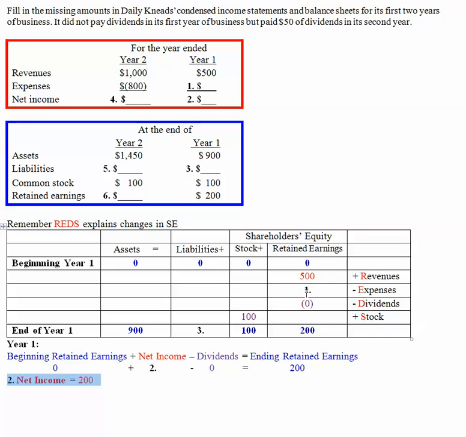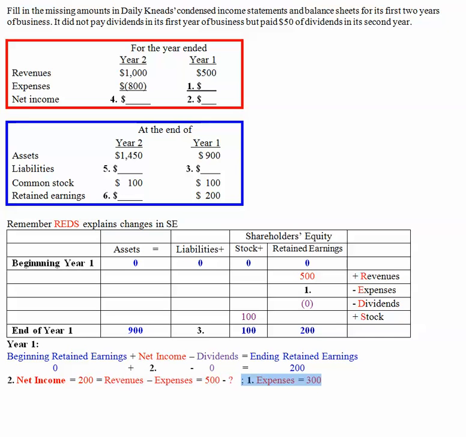So if you plug 200 in here for net income, you have the ability to finish up the income statement. So we would put the 200 here, and then we can see that, knowing that revenues minus expenses equals 200, we see that we have 500. We don't know what this is, so we can solve for expenses.